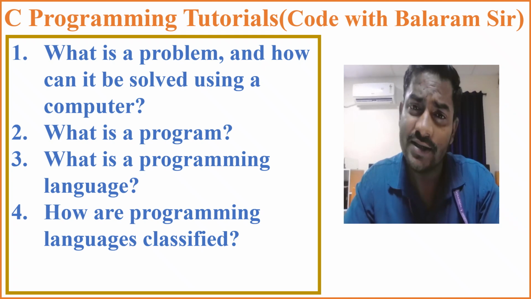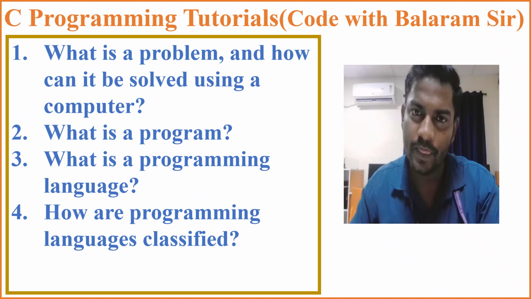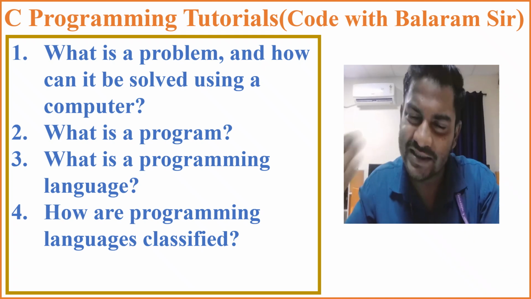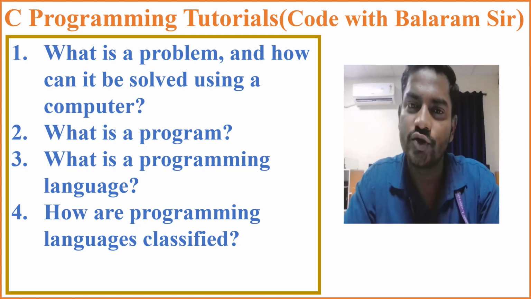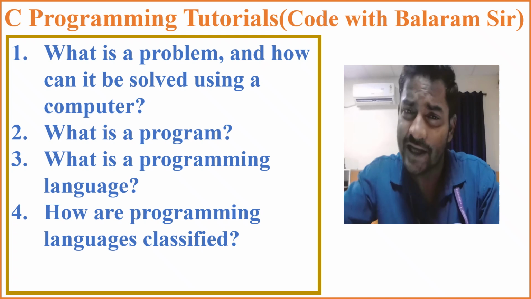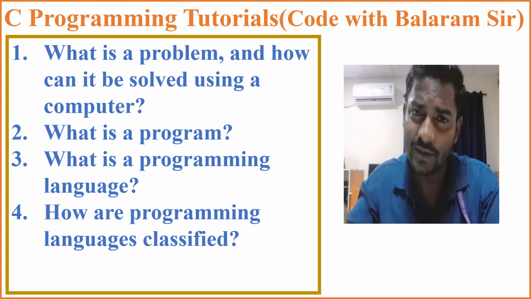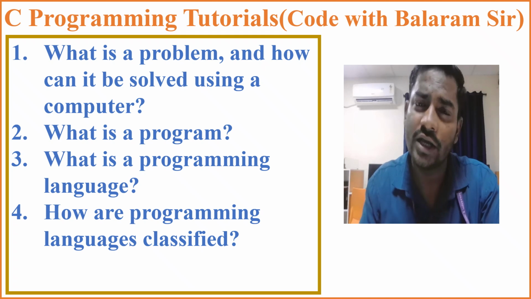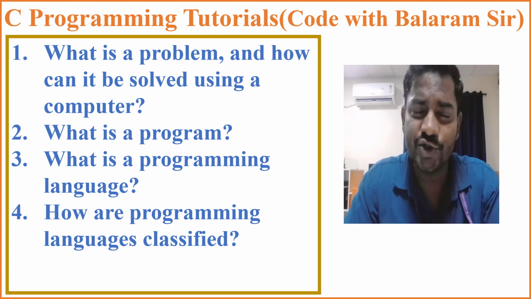If you are writing a set of instructions or set of inputs for solving a specific problem, it is called a program. Okay. So overall we can say a set of instructions or set of inputs for a specific problem, if you are writing, then that will be called a program. Over.